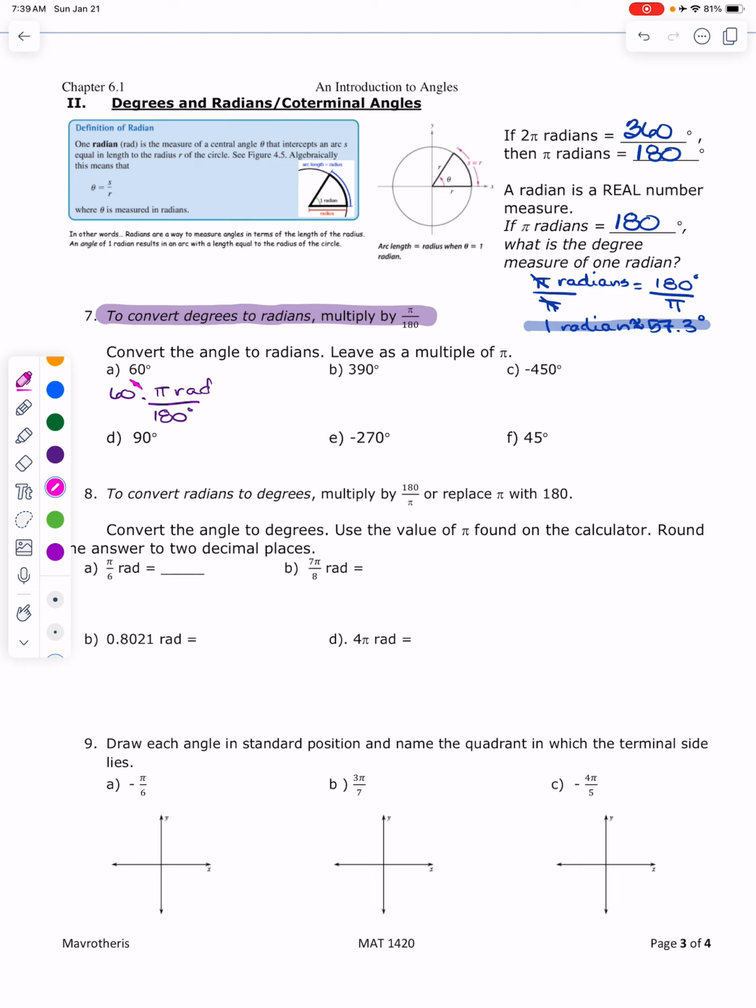I want to point out that units cancel just like numbers do. So now I have 60 pi over 180, which we can reduce to 6 pi over 18. There is nothing that says we've got to go all the way down to start. 1 pi over 3 or just pi over 3.